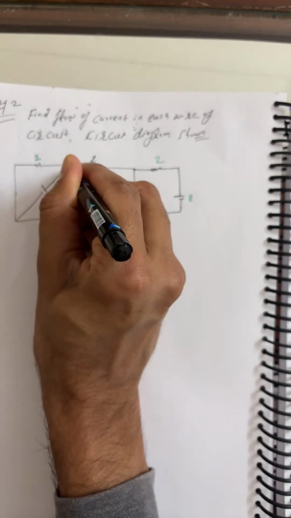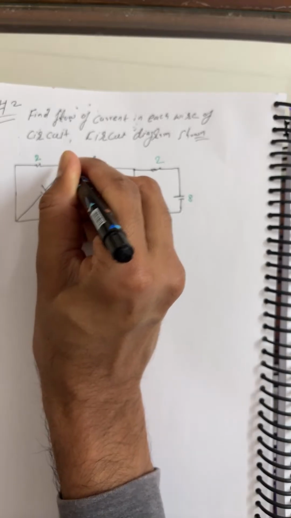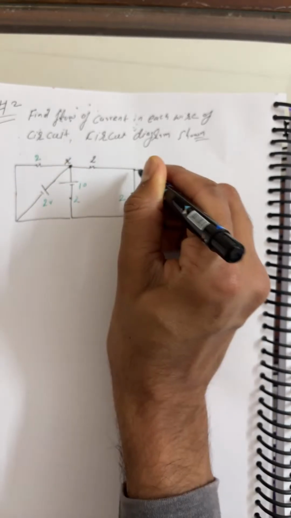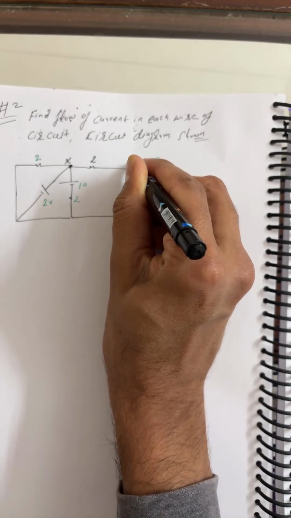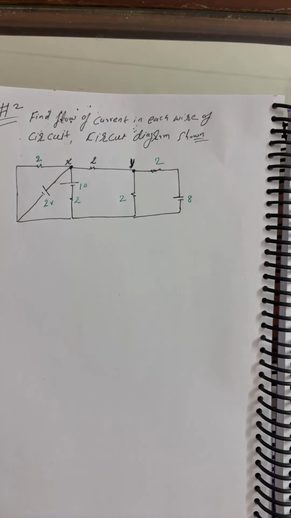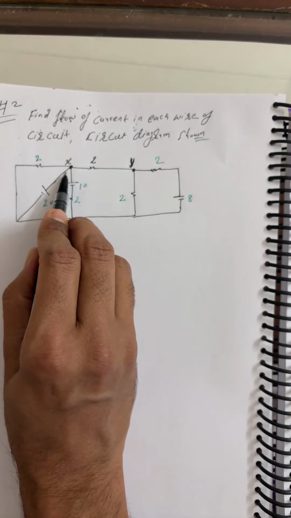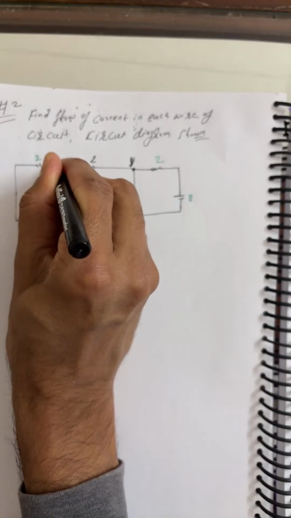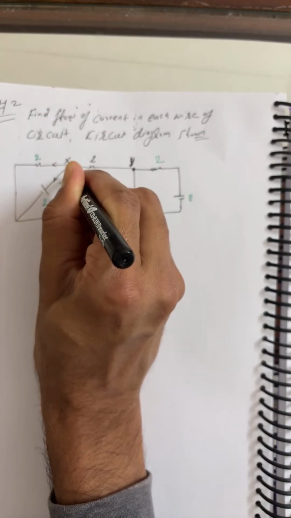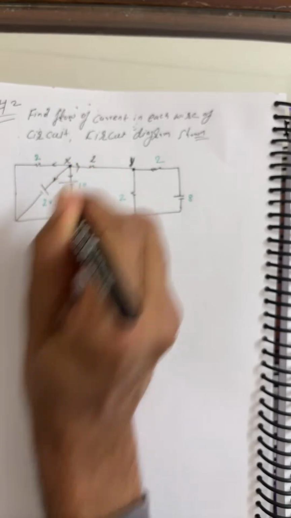Here I'm marking this point X and this one Y. One time we have to apply KCL at this point, and one time at the other point. Here I'm considering currents I1, I2, I3, I4.